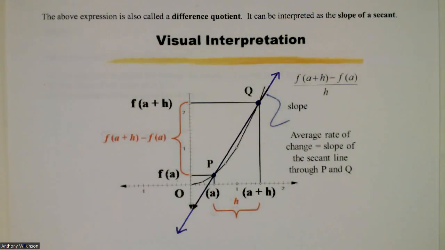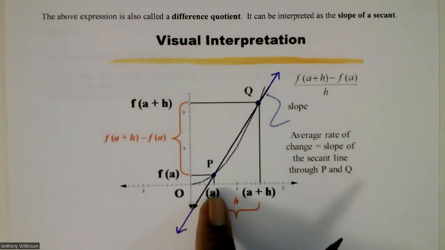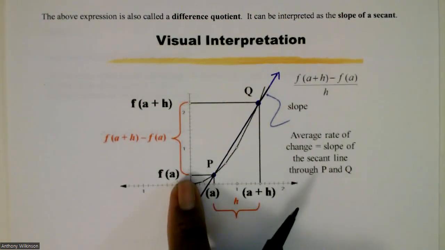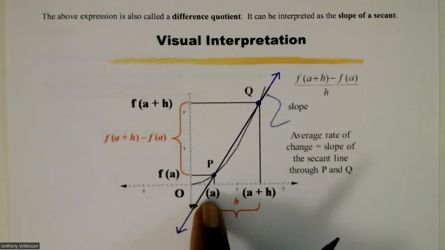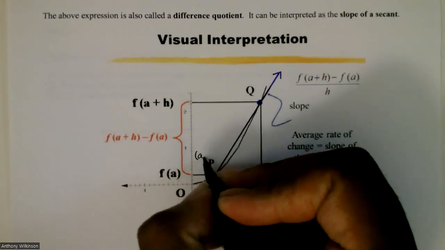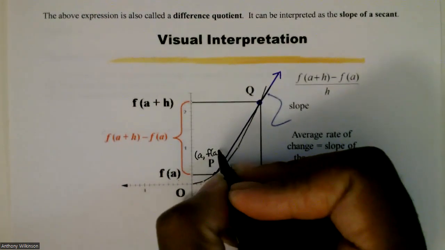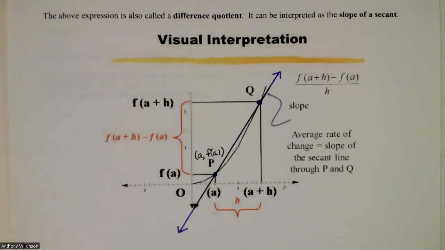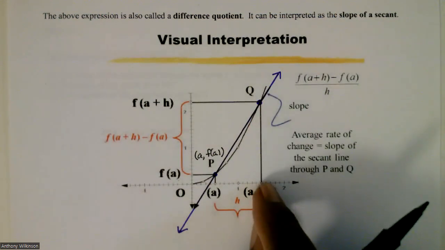Now, the ordered pairs for P and Q, I'll indicate those as well. So in case your P is at A, and then you have f of A. A is your x coordinate, f of A is your y coordinate. So the ordered pair for that would be A, comma, f of A. And here's Q up here.